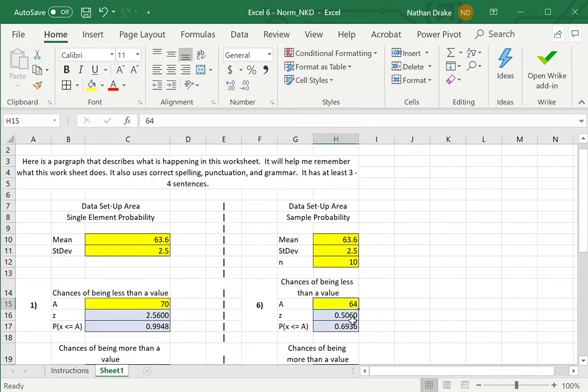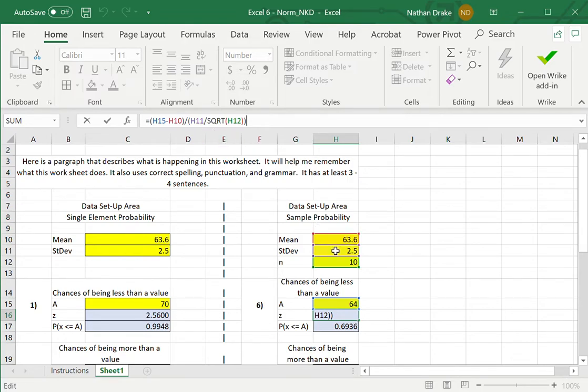And so here in this formula, we have the data value here, the 64, that's H15, minus the mean, that is H10. And then I'm dividing that by, in parentheses, the square root of the standard deviation of all of the sample means, right?